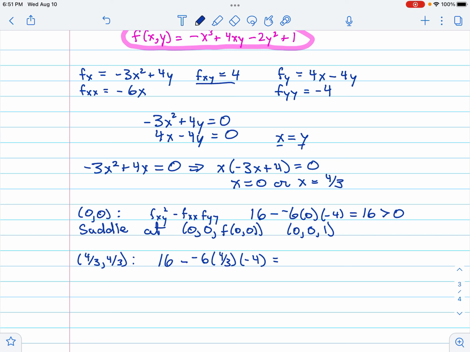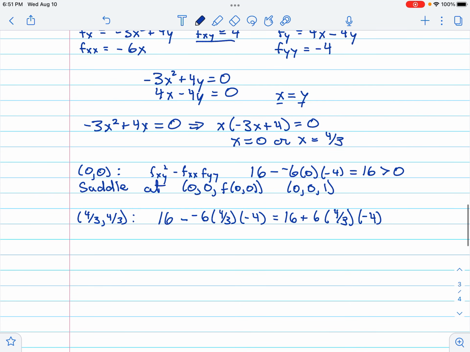This gives us 16 plus 6 times 4/3 times negative 4. I'm just going a step at a time here. So 16 plus 8 times negative 4, which gives us 16 minus 32, which gives us negative 16. Now that's less than 0.